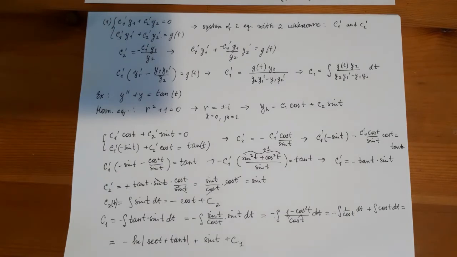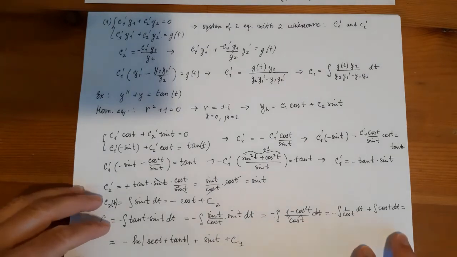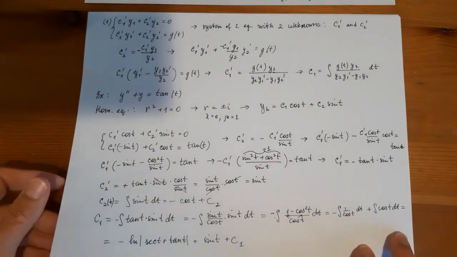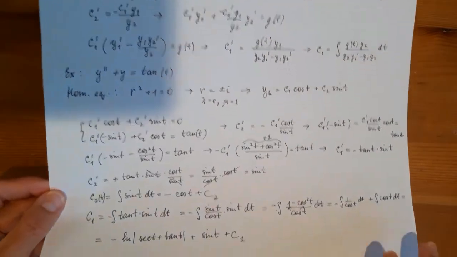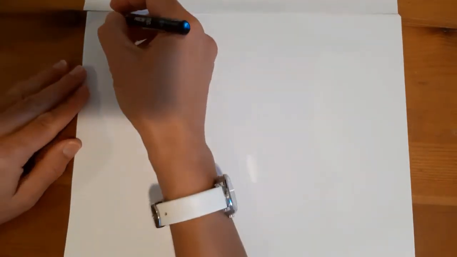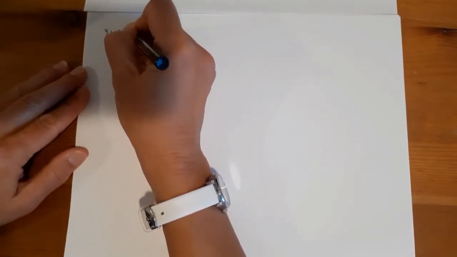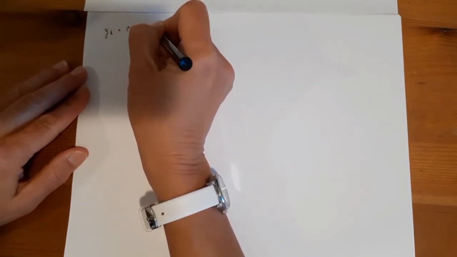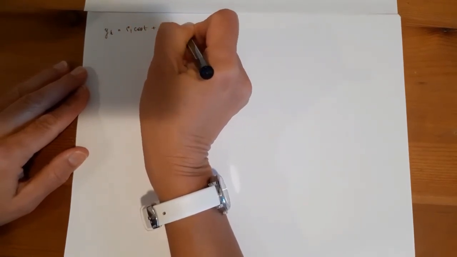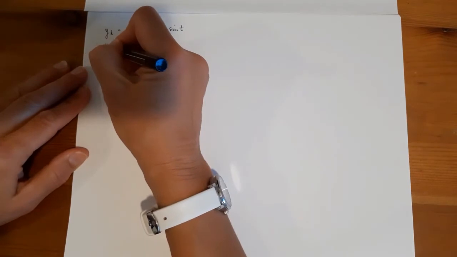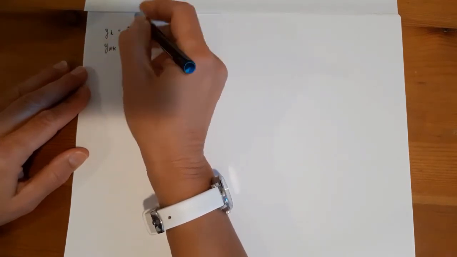Now what we need to do is plug both functions back into our non-homogeneous solution and give it as a final answer. Remember that the homogeneous solution was y homogeneous equals c1 cosine of t plus c2 sine of t. Now I'm going to write down the non-homogeneous, or general, solution.